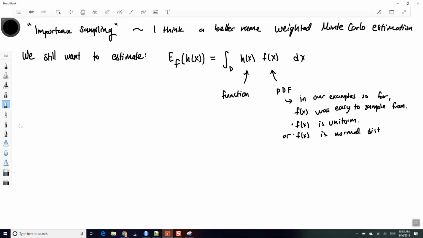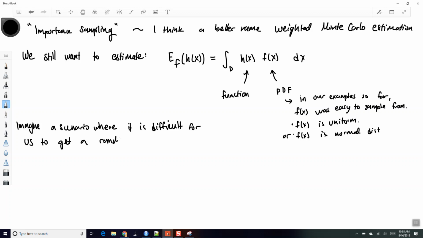Okay, so imagine a new scenario where it is difficult for us to get a random sample drawn from f of x.